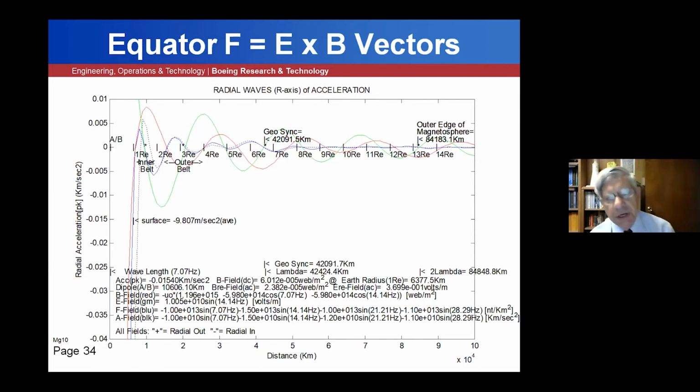But as they go the 3,900 miles from the center to the surface, by the time you measure them up on the surface, the B field is down to microwebers and the E field's down to millivolts. But the main point here is the tracking of the force field is almost exact.